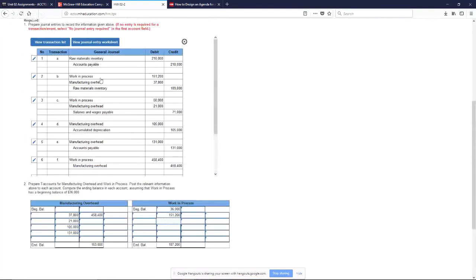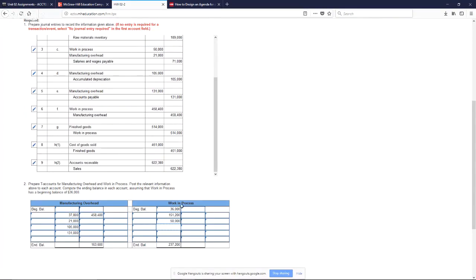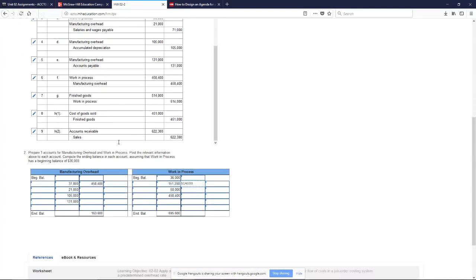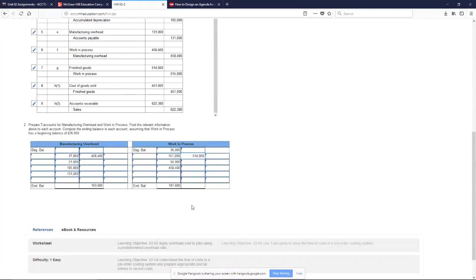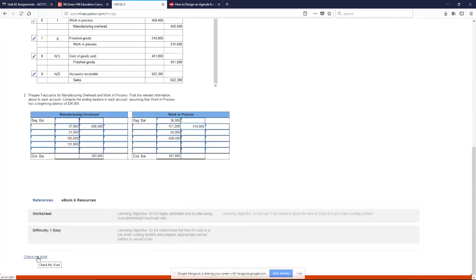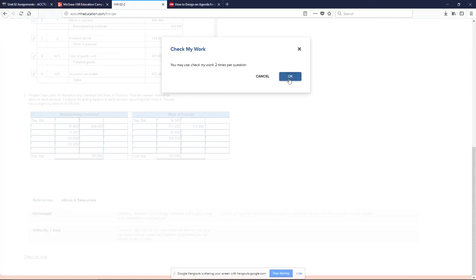Okay, so 151,50. 458,400. 514. Okay, yeah, ours looked about the same right there. All right. Can you run your number, see if it's right?